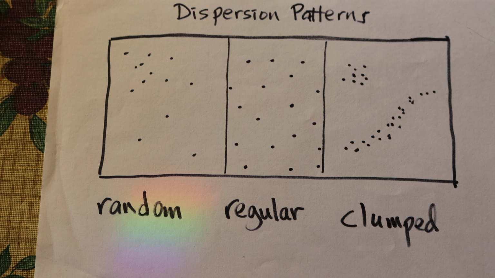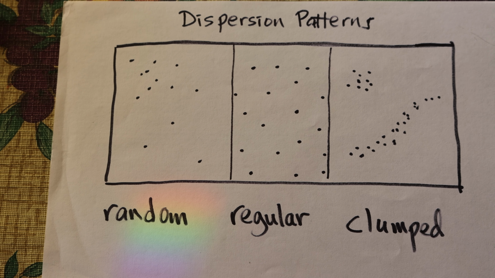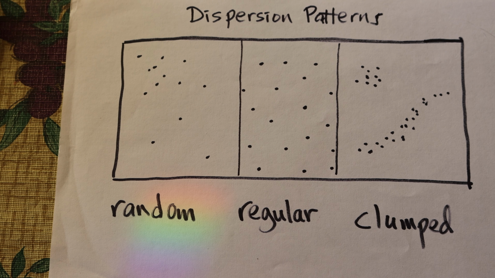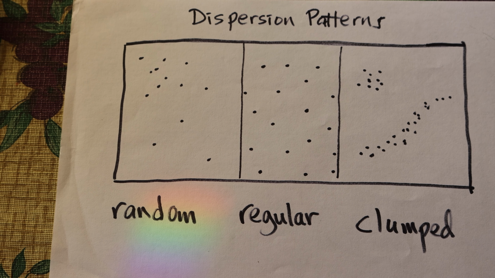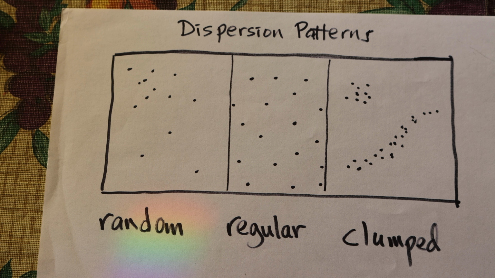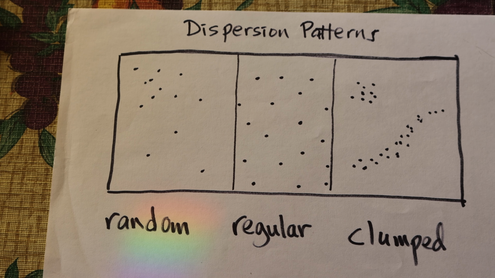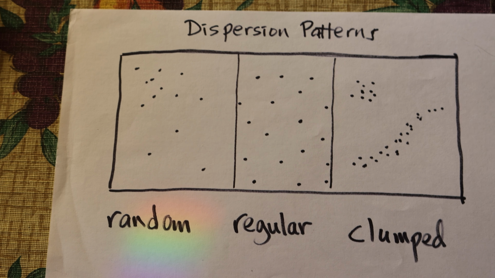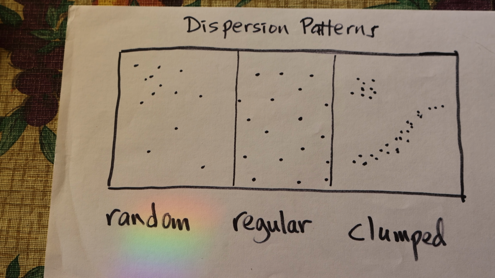The pattern on the right in animals could reflect patchy distributions of resources as it does in plants, but it can also reflect behavior in a prey species, in something that gets eaten by other animals, like certain kinds of birds.